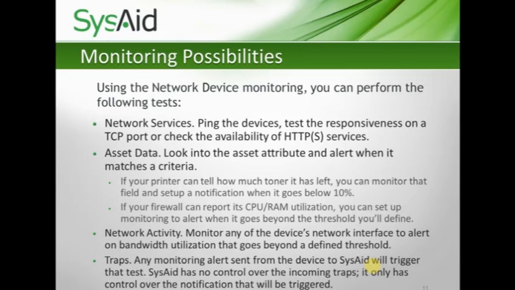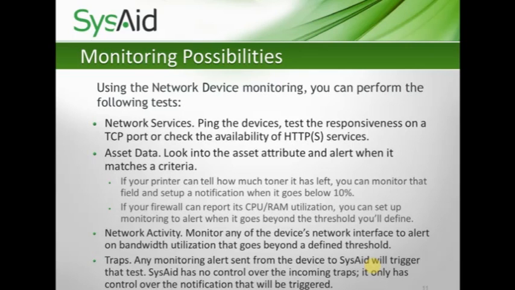Asset data is also something generic to the monitoring module. It basically looks into the fields of the asset and compares it with a certain value you'll set up. When it matches a criteria you'll define, it will trigger a notification. And let's take a look at the two examples I have here.